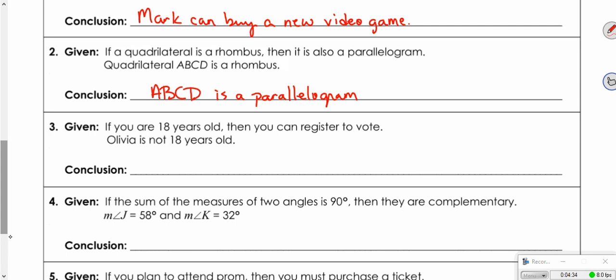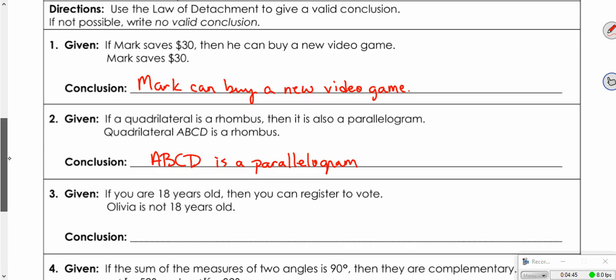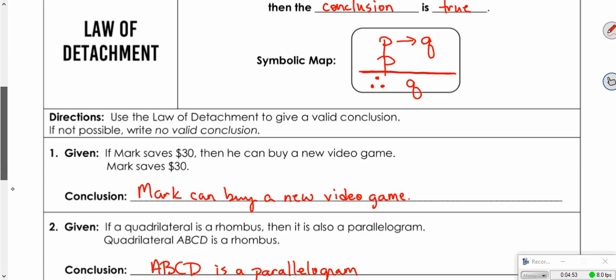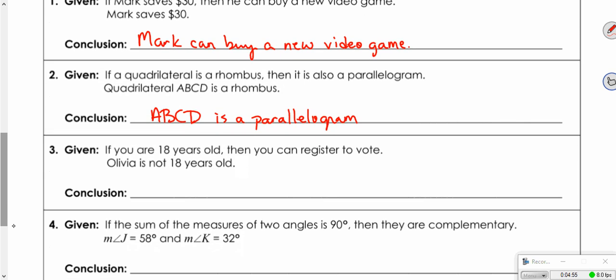Okay, so let's think back here a minute. Did they tell us that if we have a not P, that implies a not Q? No. All the original law of detachment said is that if we're told that P is true, then we can say Q is true. Well, this one says not P. Olivia is not 18 years old. No valid conclusion. We don't know anything from that.